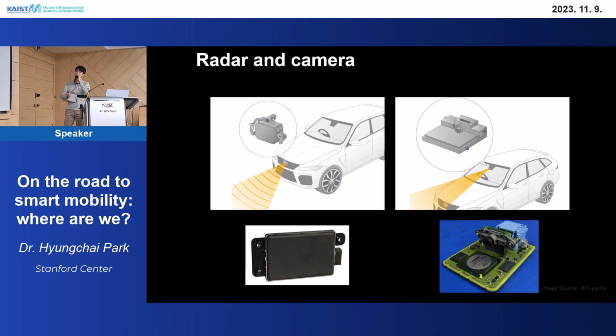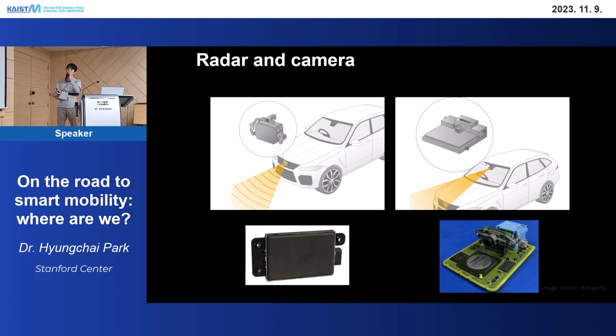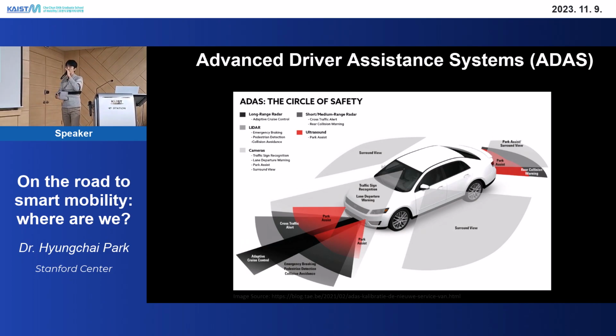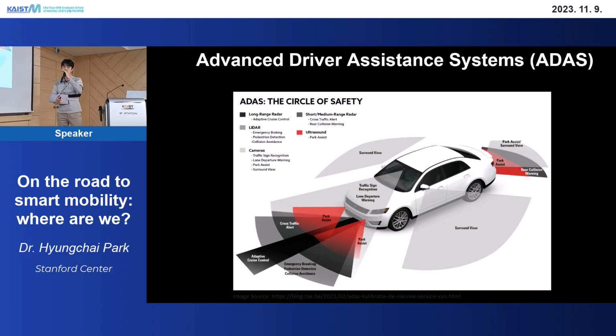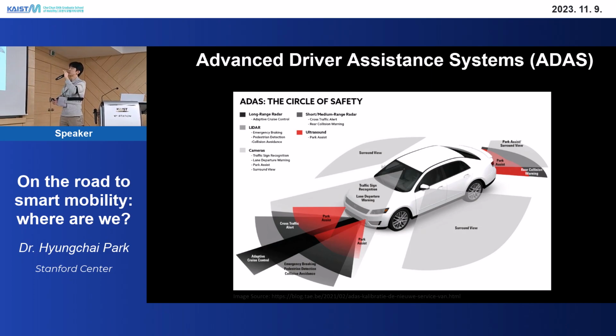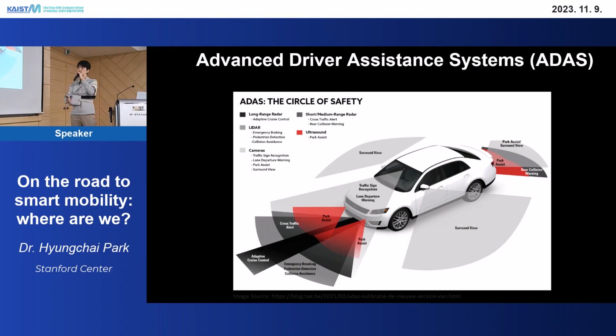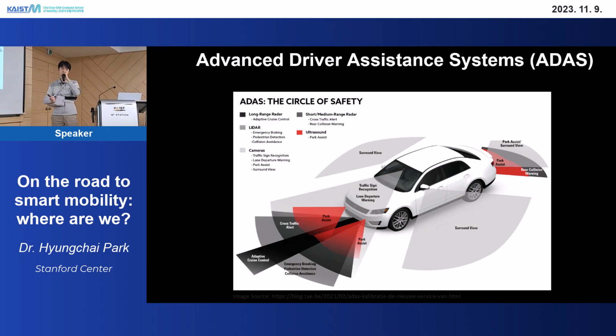So by combining information from these two sensors, now we can implement more advanced driver assistance systems, which is called ADAS. Is there anyone who drives their own car? Yeah, then your car might have these systems.